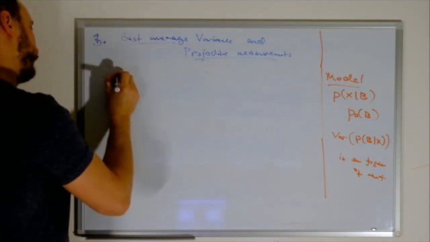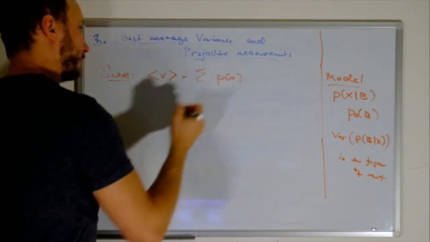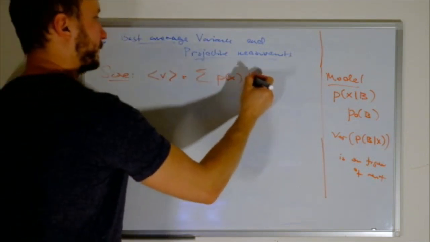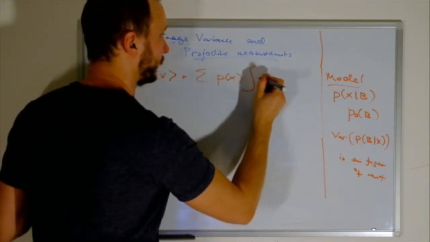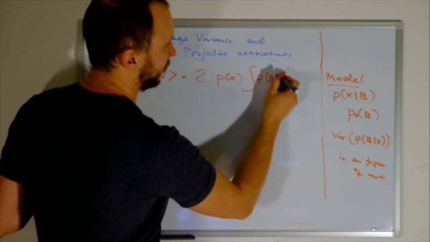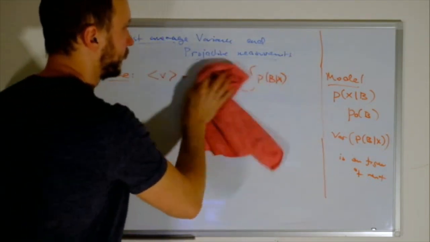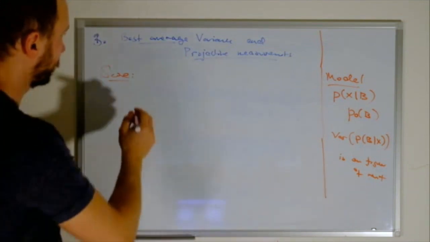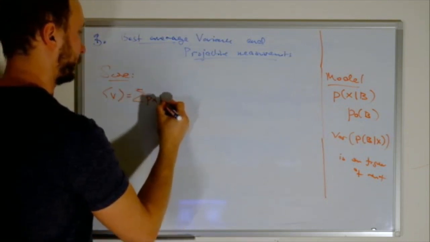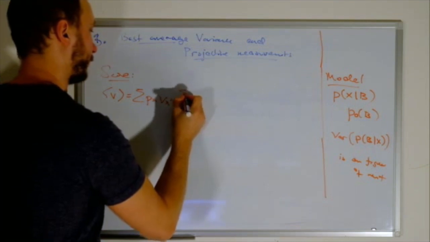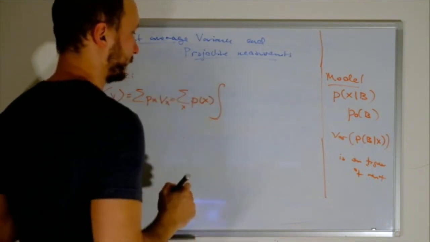So our score will be this average variance, which is given by the sum over x of P of x, the probability of the outcome x, times the variance of the distribution conditional on x.